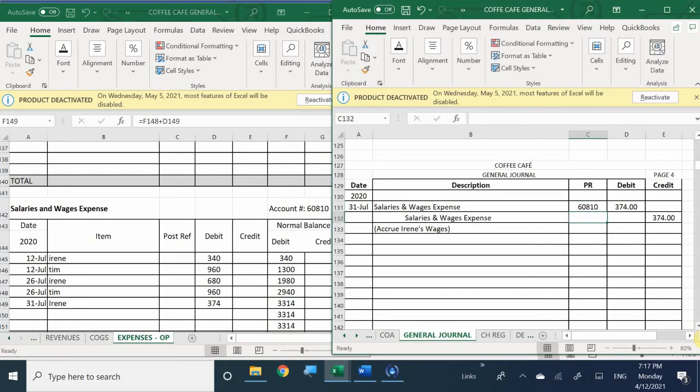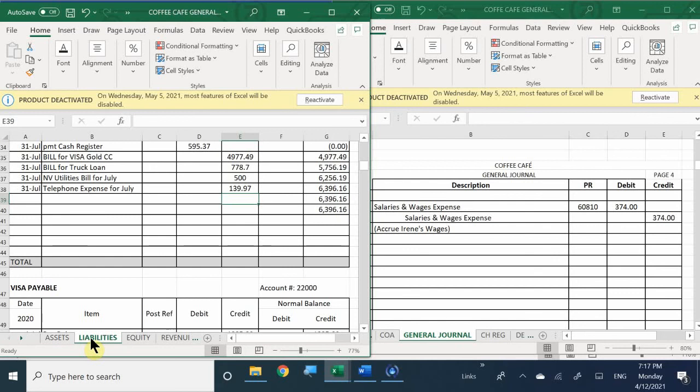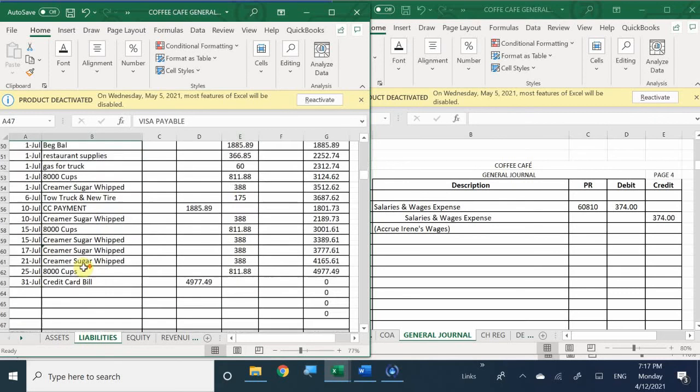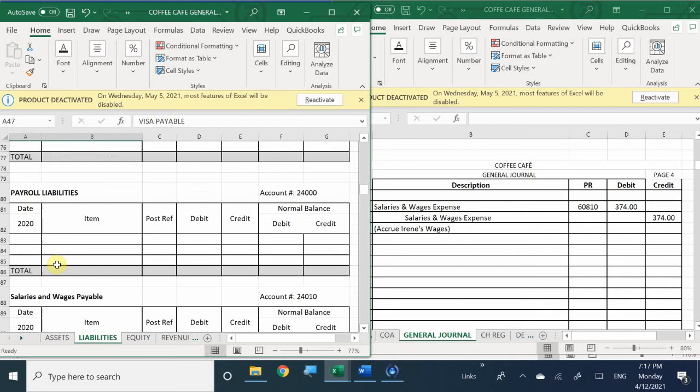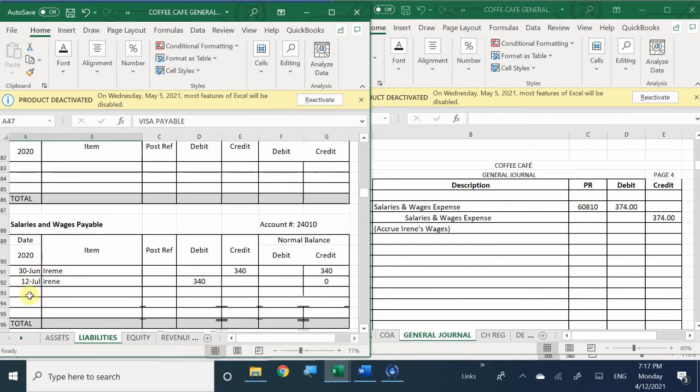So against this expense account is number 6810. Now we need to locate the liability because once again, we owe her this money. We're not paying her yet. So let's locate our payroll or our salary and wages payable.